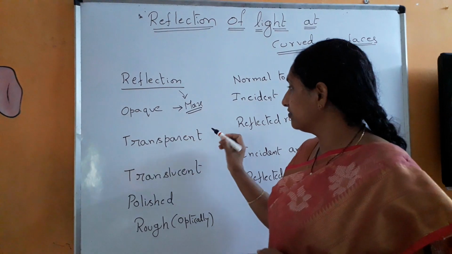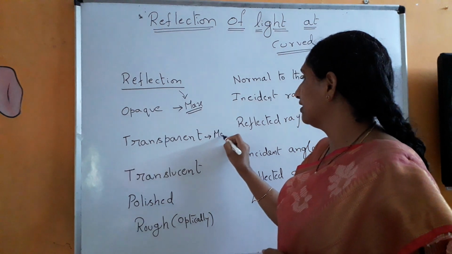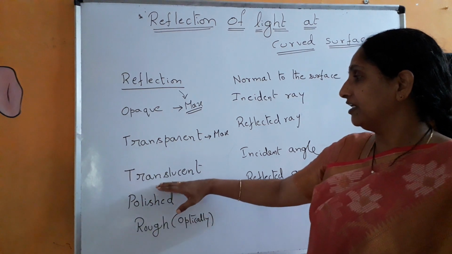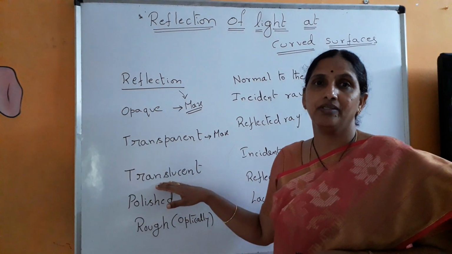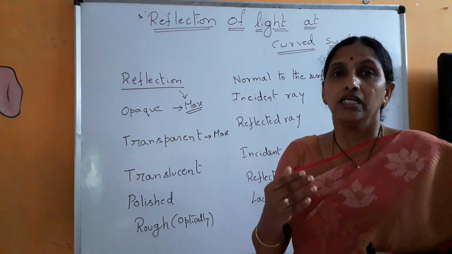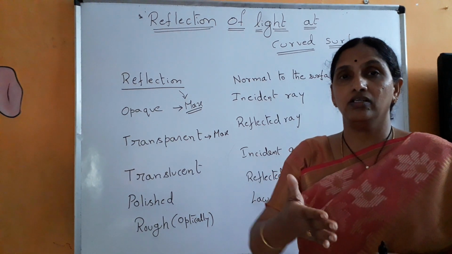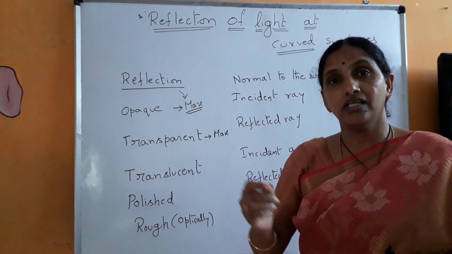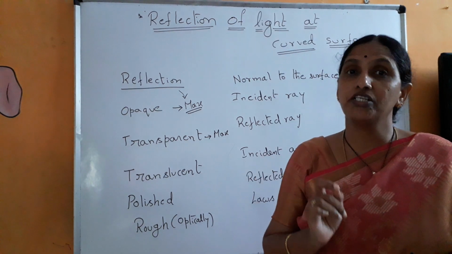Okay, so here also we say it is maximum only, not completely. Now translucent. When it comes to translucent, that surface or that material or the matter allows the light ray to pass through it partially.